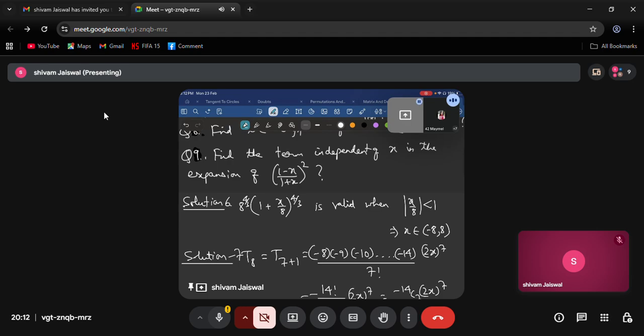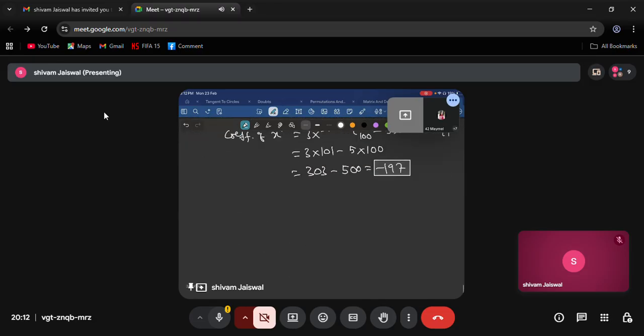So I'm starting with number 9. Find the terms independent of x in the expansion of (1 minus x) whole square into (1 plus x) whole to the power minus 2.